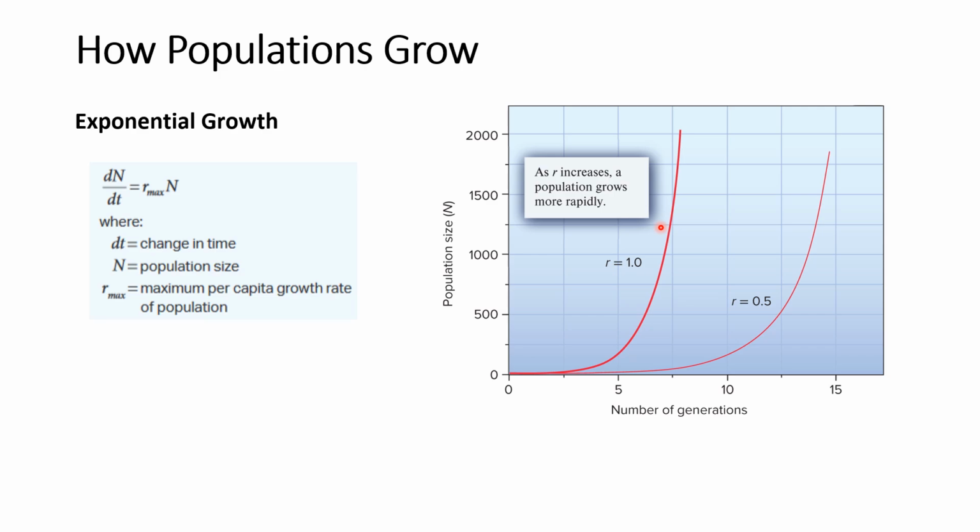As r increases, the population will grow more rapidly. But what exponential growth assumes is that the r value is consistent, meaning in this thicker red line here, we're assuming that the intrinsic growth rate of this population is always 1 and is not changing. And as a result, it's growing exponentially, giving us what we call a J curve.